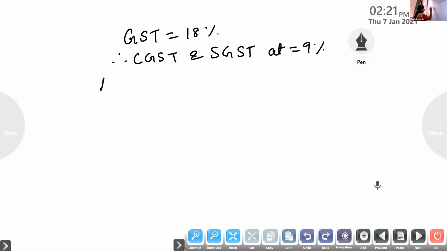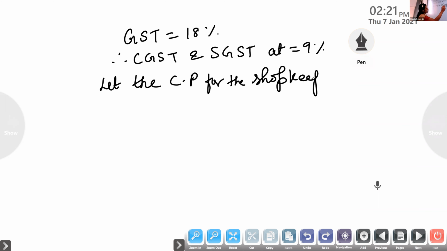So let us take the cost price. Let the cost price for the shopkeeper be rupees X. We don't know the cost price for the shopkeeper, so you take that as rupees X. So what will be CGST?